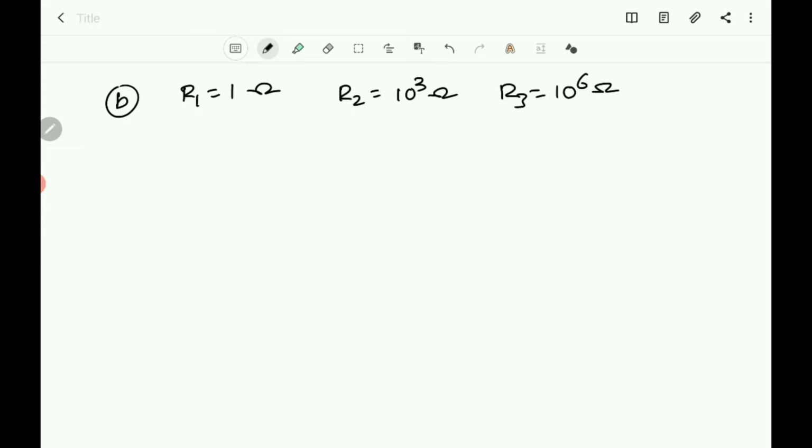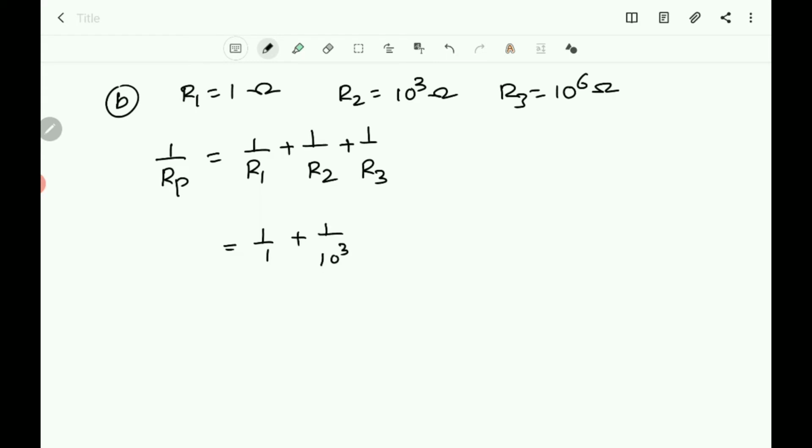Now again the connection is parallel, so 1 by Rp is equal to 1 by R1 plus 1 by R2 plus 1 by R3. Then it is 1 by 1 plus 1 by 10 to the power of 3 plus 1 by 10 to the power of 6.